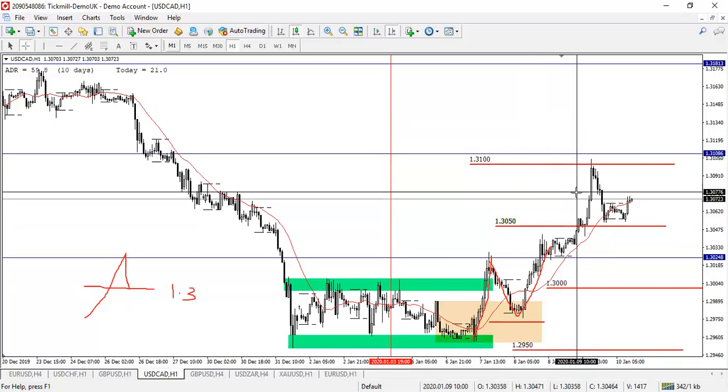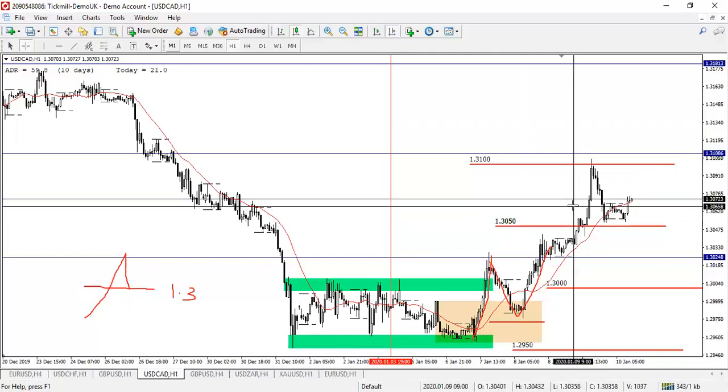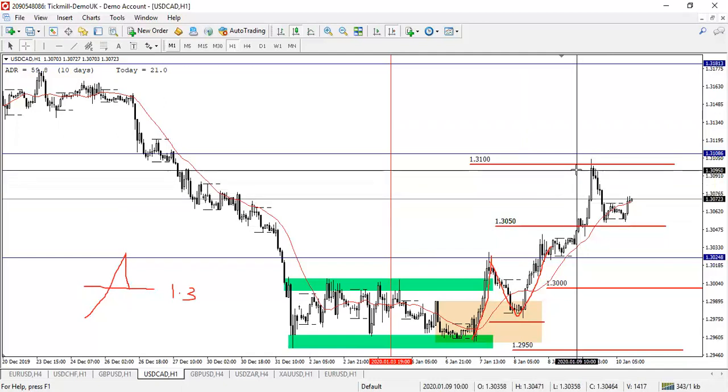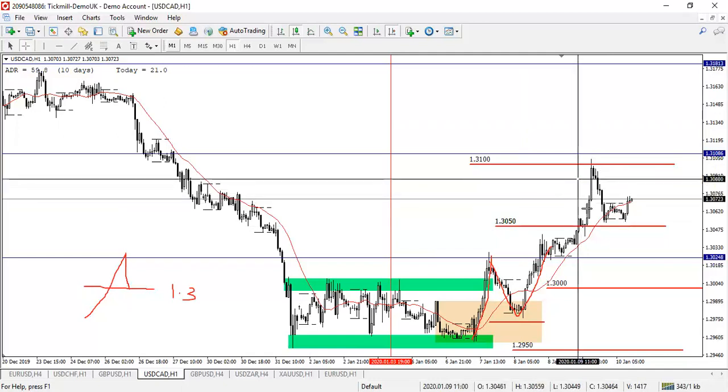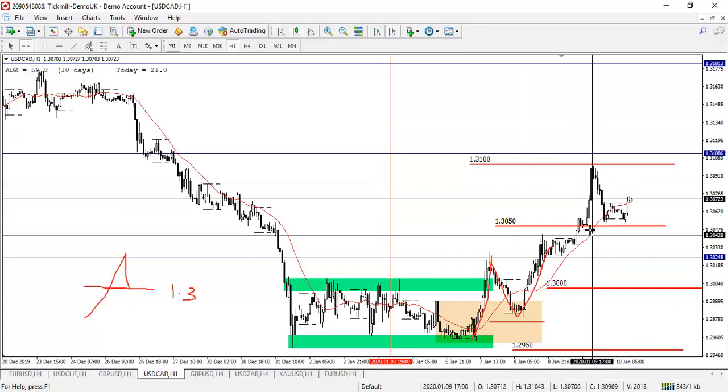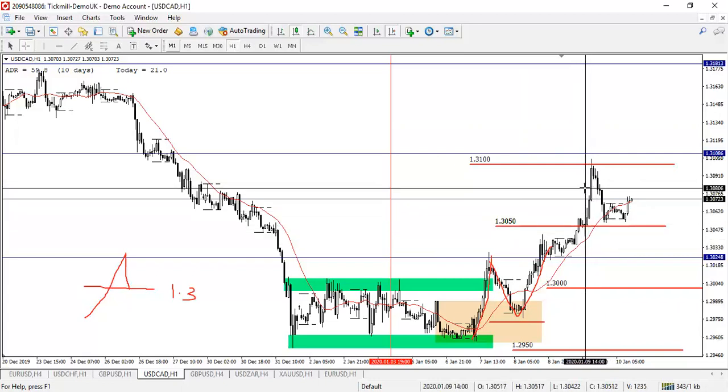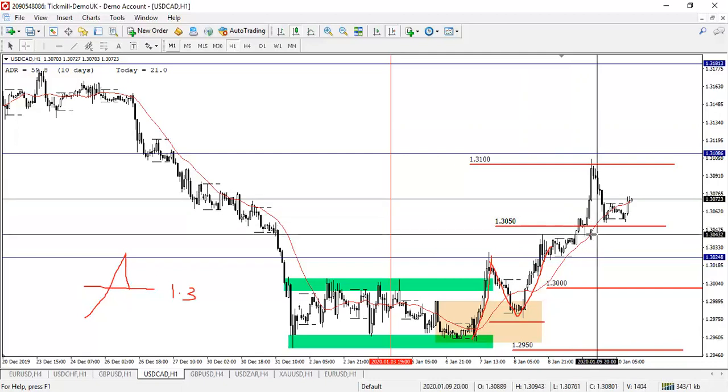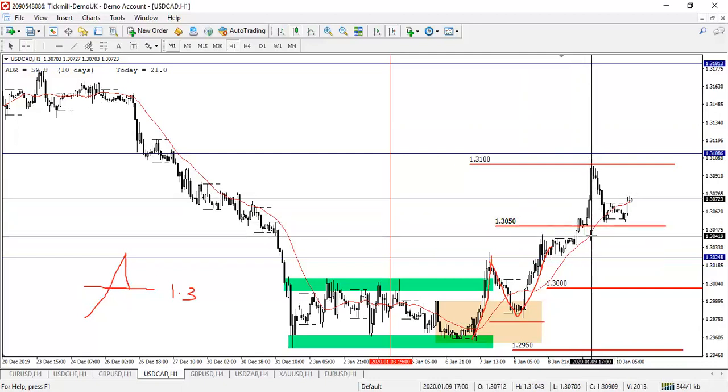So you might have taken this, or you might have also, because normally when price is so strong like this, there must be a pullback. So you might have waited until price came to pull back here. This was during New York, after this candle, or you might have put a pending order at some pips below this bullish candle.